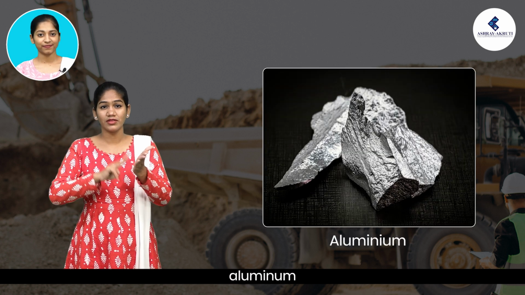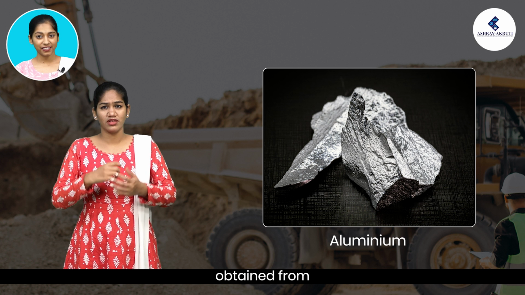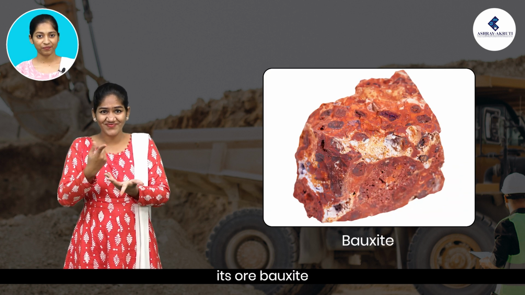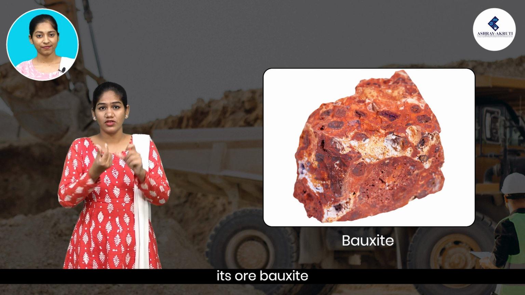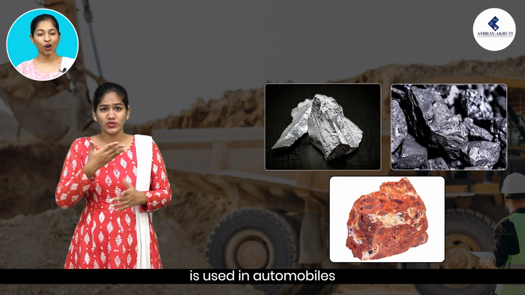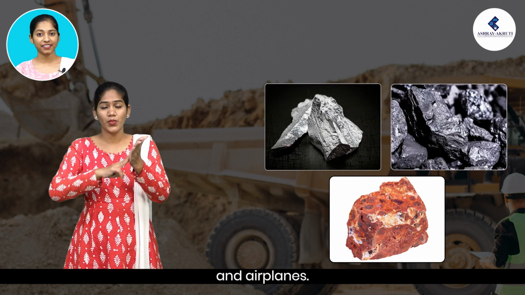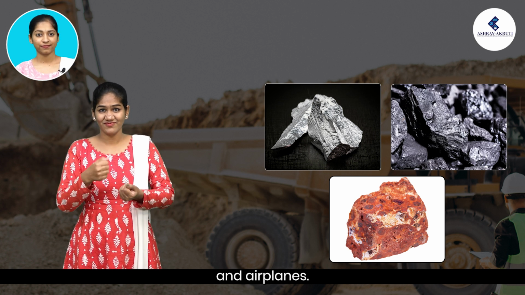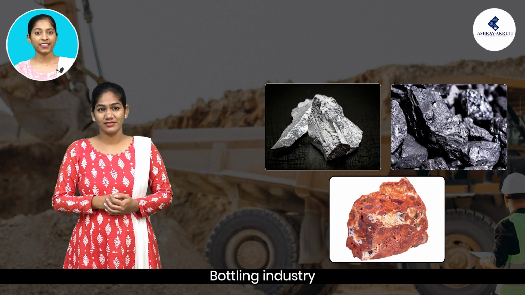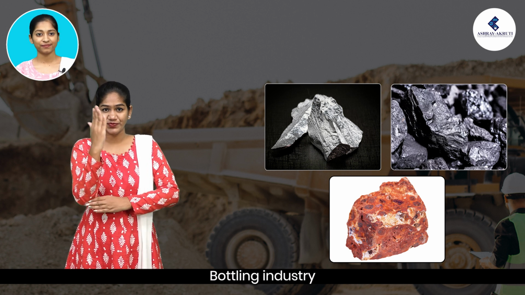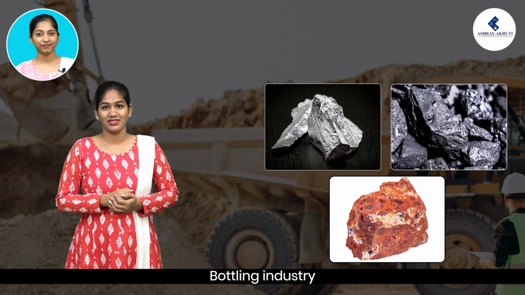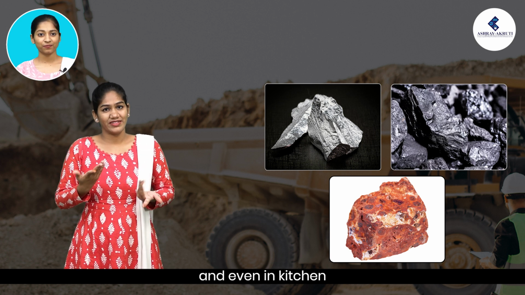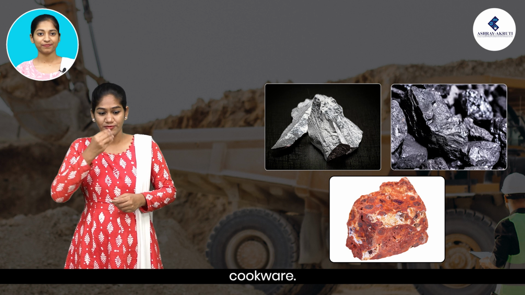Aluminium obtained from its ore, bauxite, is used in automobiles and airplanes, bottling industry, buildings, and even in kitchen cookware.